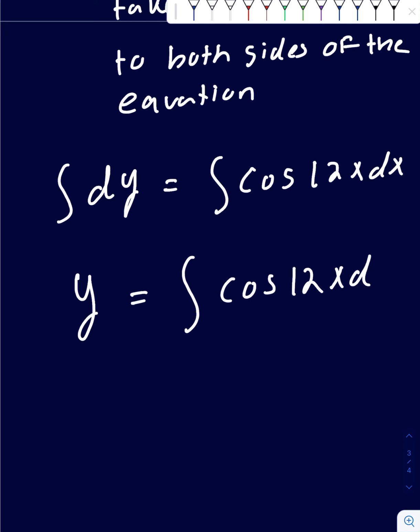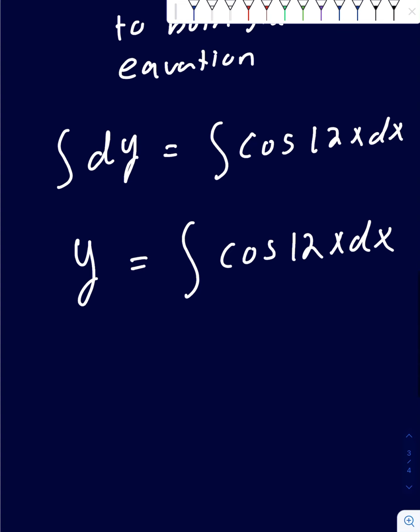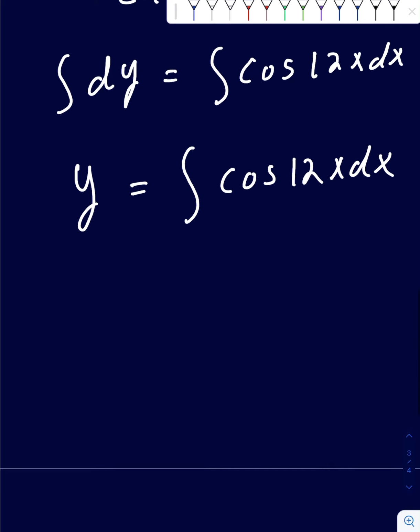12x dx. Now, when we're dealing with the integral of cosine 12x or sine 8x or stuff like that, the best method to solve this integration is by using u substitution. So we write u is equal.